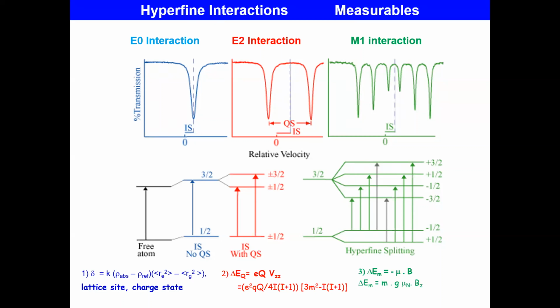If you put in the numbers, you have a half times 57 times 1.66 times 10 to the minus 27 kilograms times (10 to the minus 3) squared meters per second squared. And you get a number, 47 times 10 to the minus 33 joule. When you convert this to energy units, this works out to about 30 times 10 to the minus 13 electron volts.